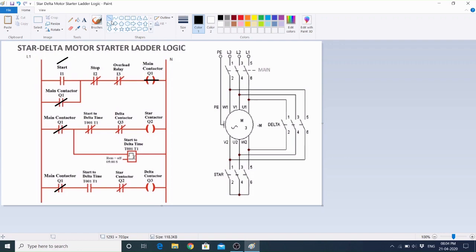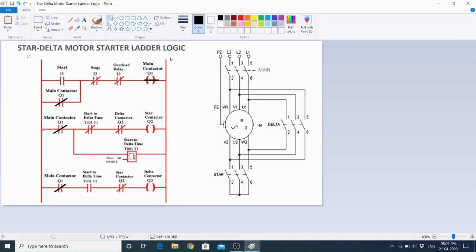When the push button is released it is again NO type, but the power will flow through this path so the main contactor remains energized. This auxiliary contact, which is in parallel with the start push button, is known as the latching contact in this circuit.